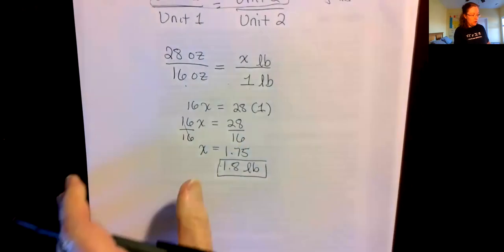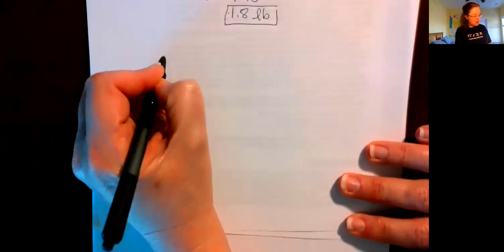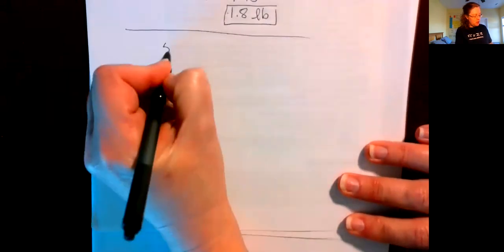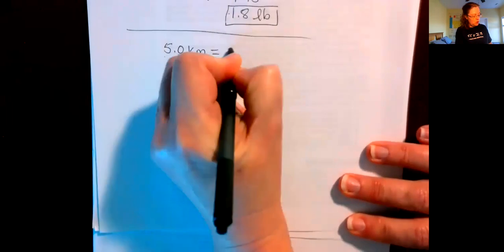I'm going to give you a practice problem to try, and you can pause your recording and then come back when you're ready. My question now is, I don't have a lot of stuff memorized, but I think we did one where I said for fun, we would say that a 5.0 kilometer race is equal to 3.1 miles.